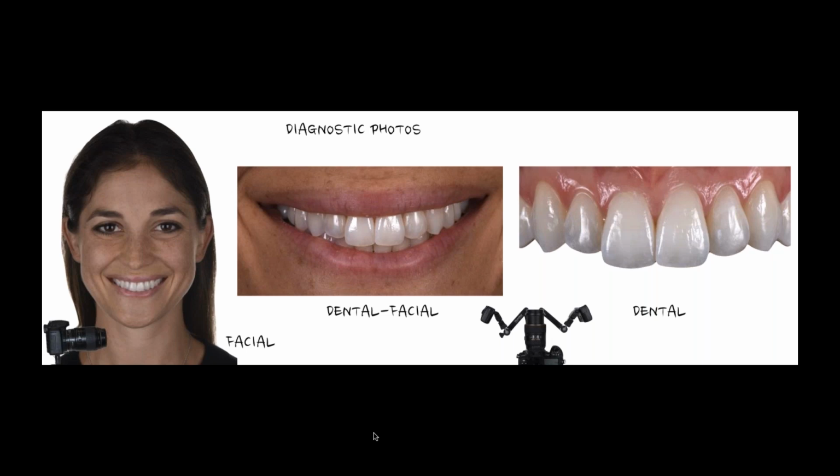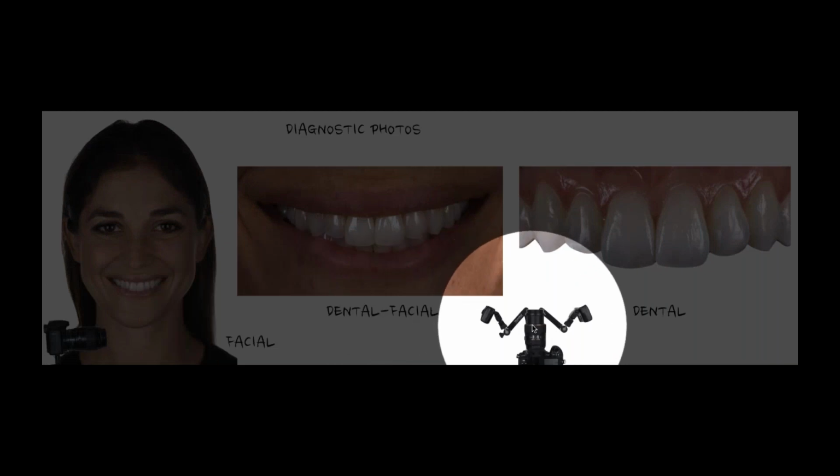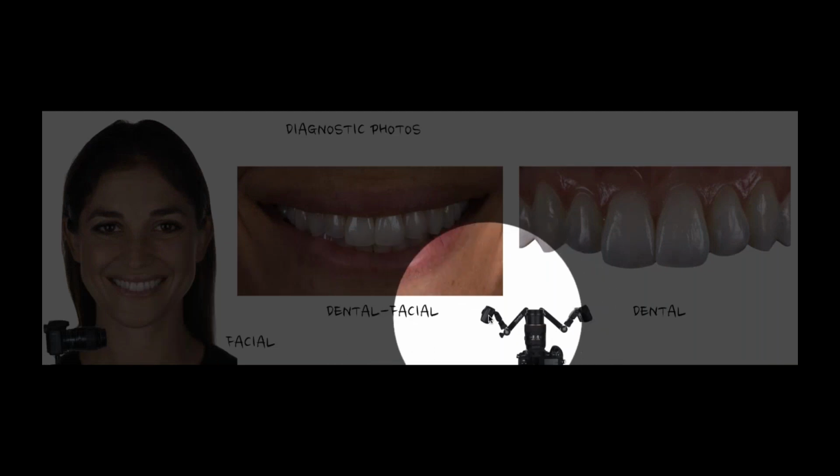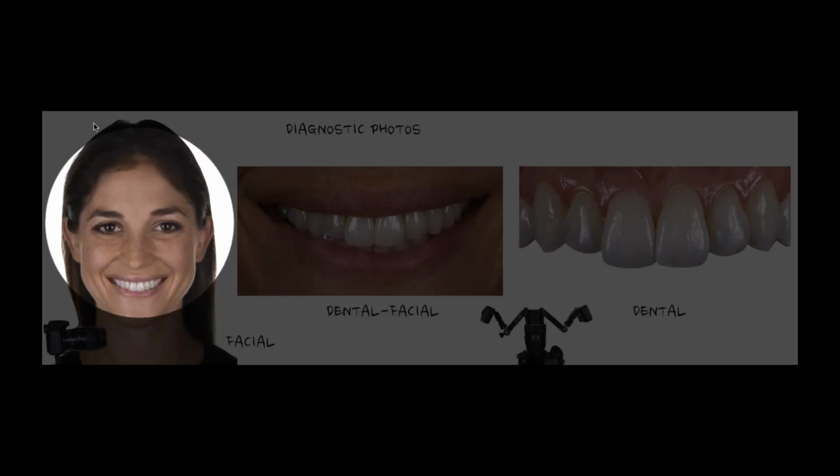So, basic photography, let's get into that and make sure we're on the same page. I want you to notice that in my photographs here, I'm shooting all my photographs the same way. I'm using the same lighting setup across the board. The only time I vary this, and I don't want to confuse anybody, is that I don't use these two little side flashes if I'm taking a full face shot. What I do for that is almost nothing.